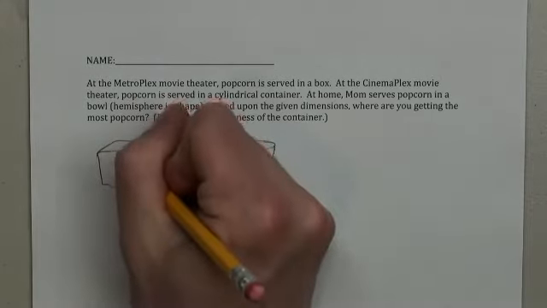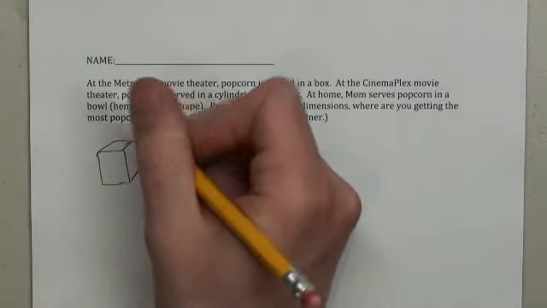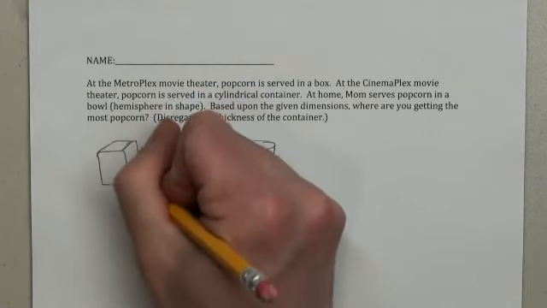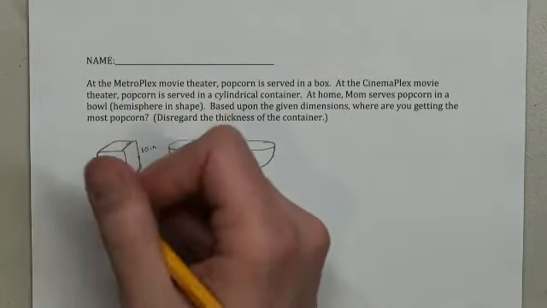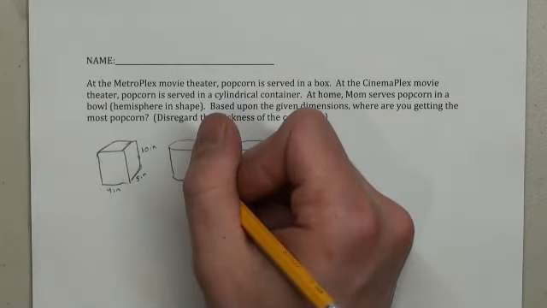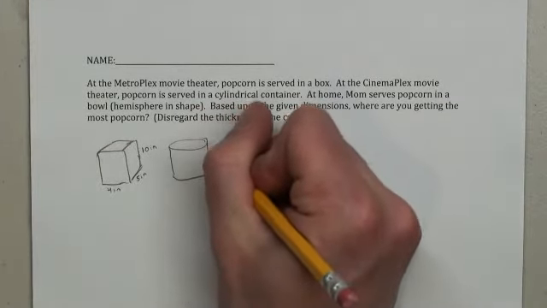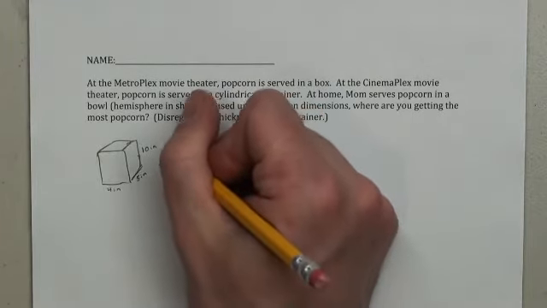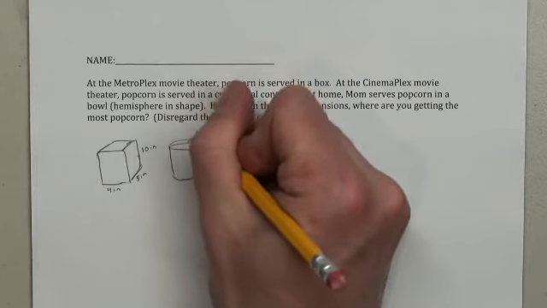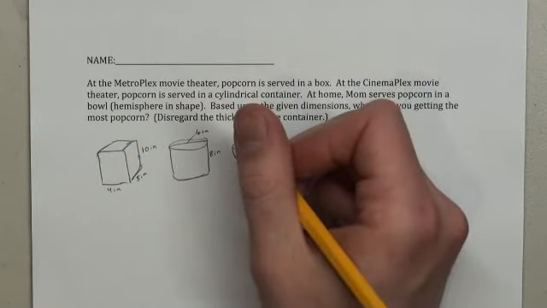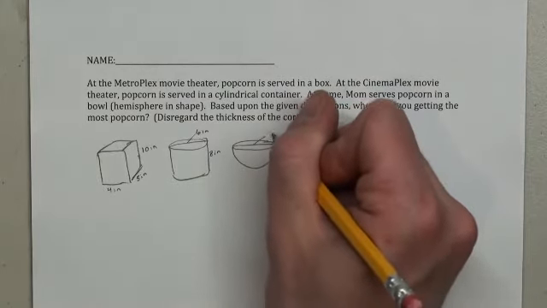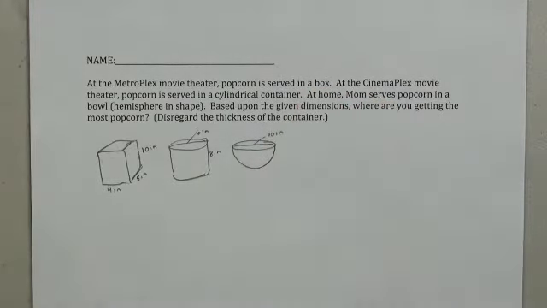Okay, we have 10 inches, 5 inches, and 4 inches. And for the cylinder we have 8 inches, and the diameter is 6 inches. And for the hemisphere we have the diameter, which is 10 inches.